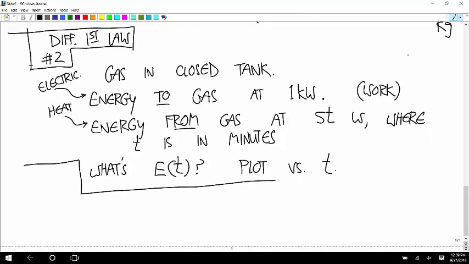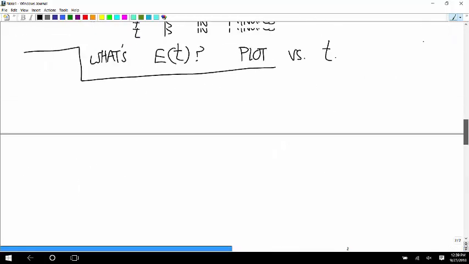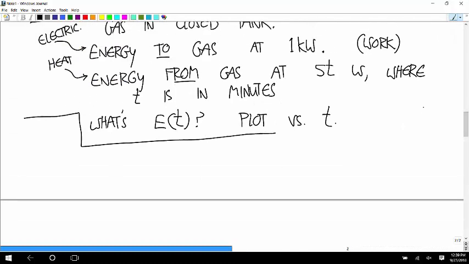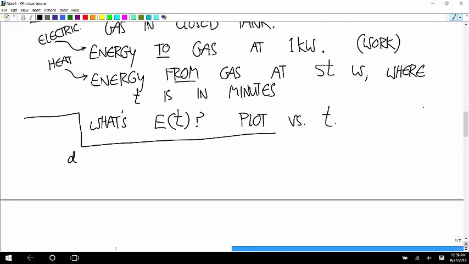Okay, so let's first set this up with the differential first law. So we know that the E dot is equal to Q dot minus W dot.